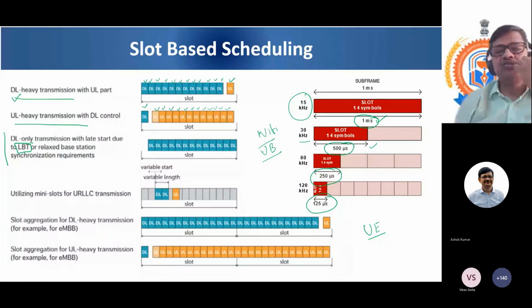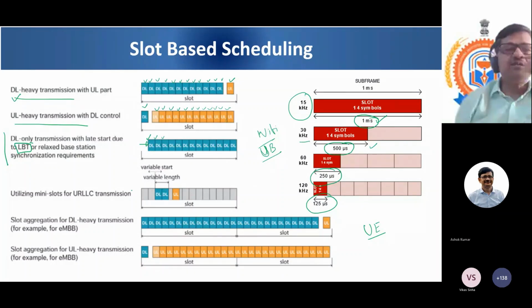Since 5G will also be operating in unlicensed band, the same concept is deployed in 5G also, and that's why they allow a delayed kind of start. Instead of starting from here, they are listening to the environment, and when there is no downlink or no use, they start. So this is called LBT. A relaxed base station synchronization requirement can be used that way.